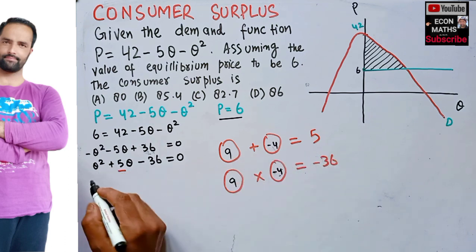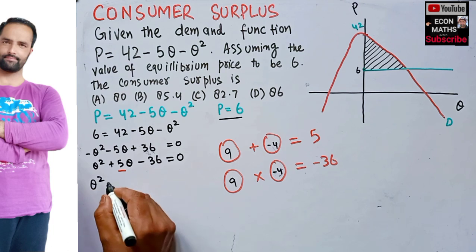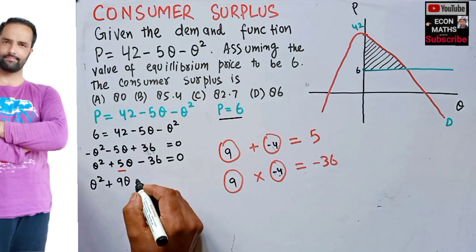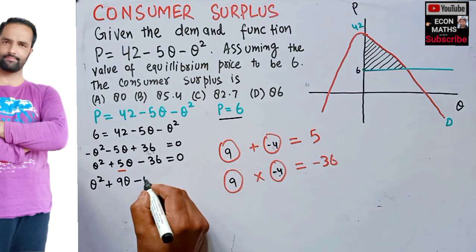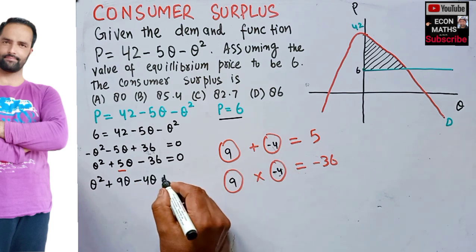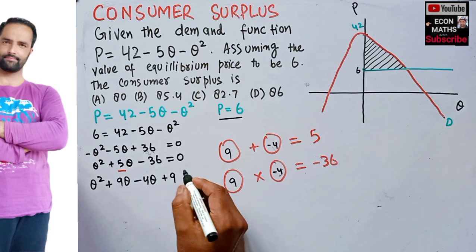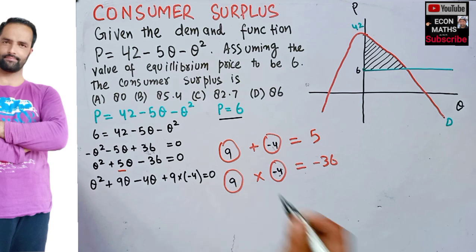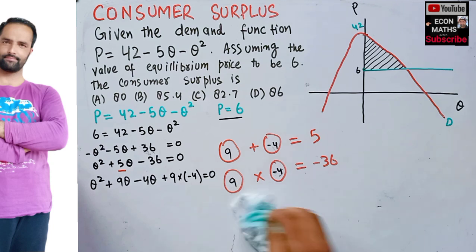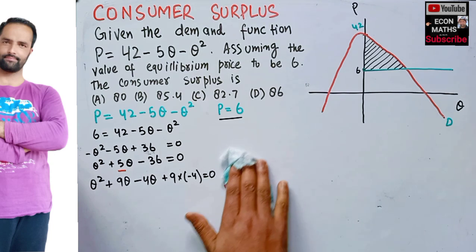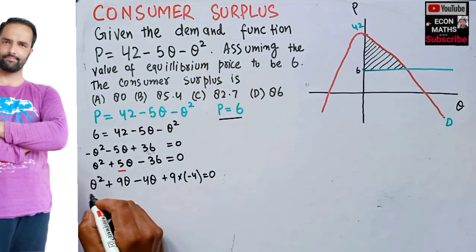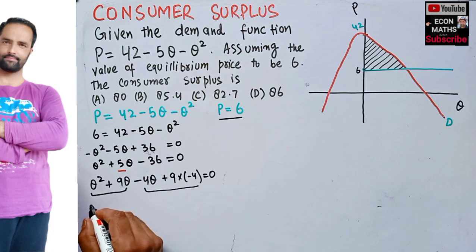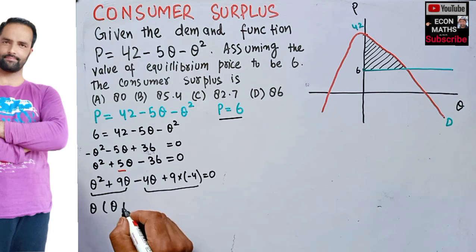So I can write this function in this form, that is Q square, in place of 5Q I will write 9Q minus 4Q, and in place of 36, 9 into minus 4, equal to 0. I am splitting the middle term here to factor it. So let's factor these out. In the first two terms we can take Q common, we are left with Q plus 9.